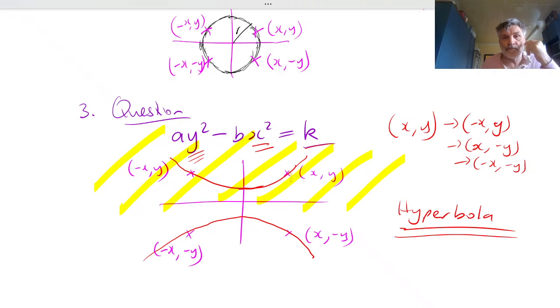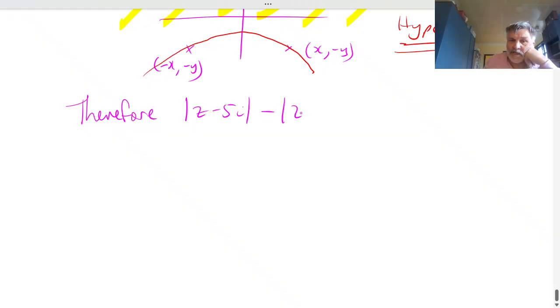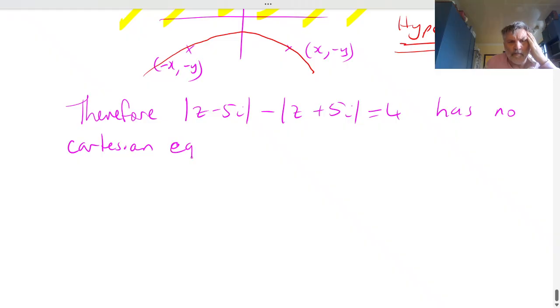And therefore, and I don't think I can emphasize this strongly enough, therefore the modulus of z minus 5i, take away the modulus of z plus 5i, equal to 4, has no Cartesian equation in the form ay squared minus bx squared equals k.